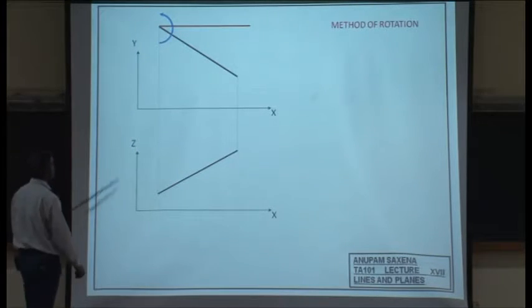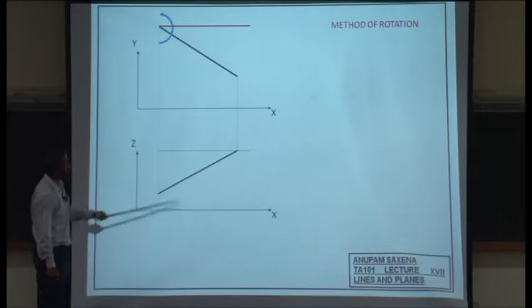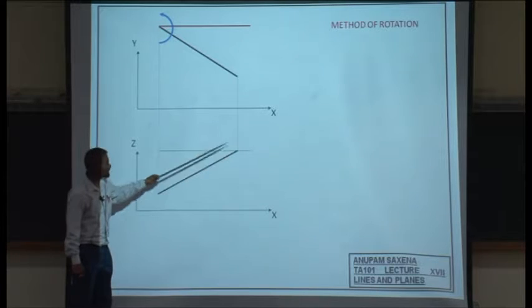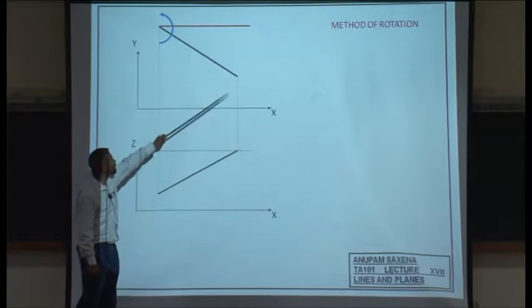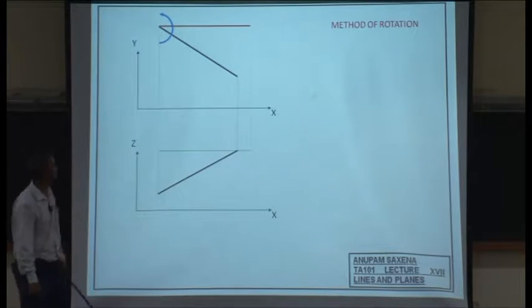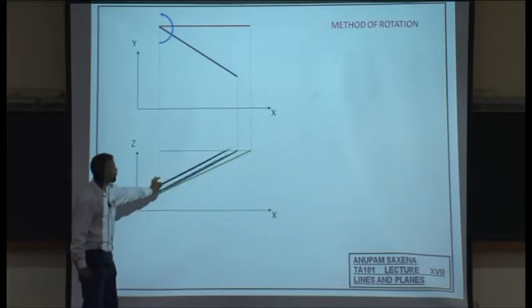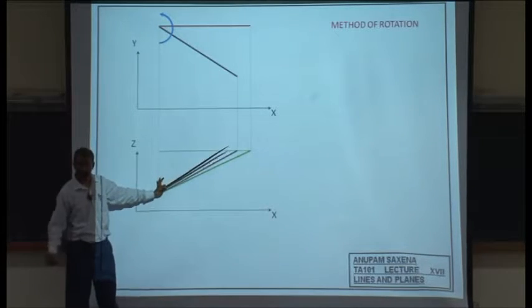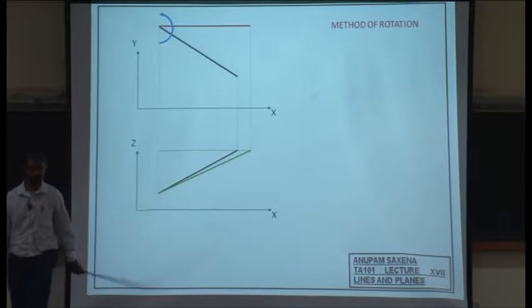If the z coordinate doesn't change, then this point has to lie on the horizontal. If it lies on the horizontal, you already have this point located in the top, drop a projection, you get the new point, and therefore you get your line parallel to this vertical plane, and therefore in true length. Fine?